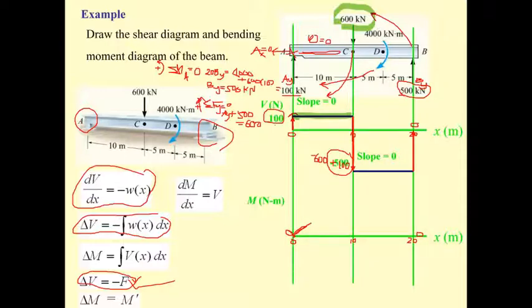The slope here is going to be 100. Okay, and then the value of the moment here is going to be what? The moment here, the value here, is minus 0.